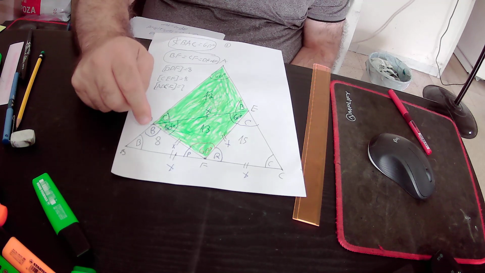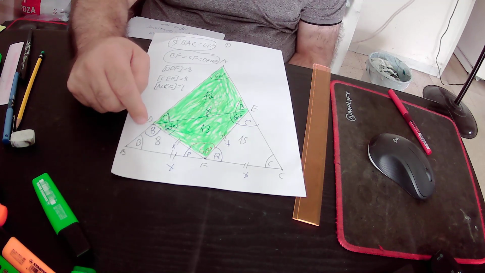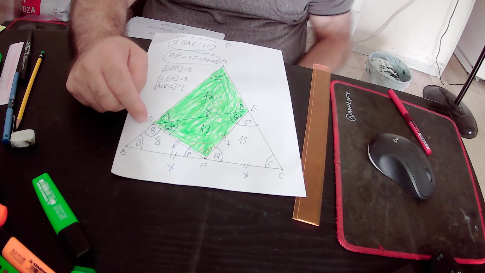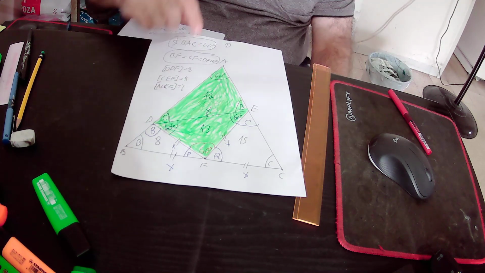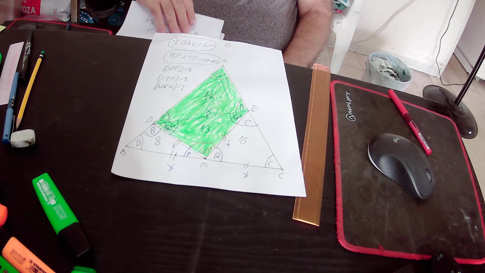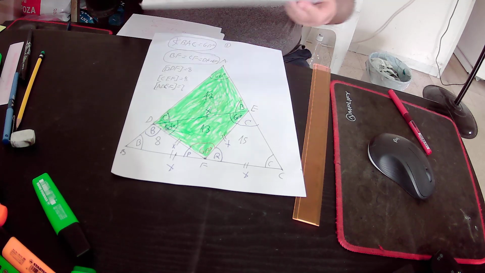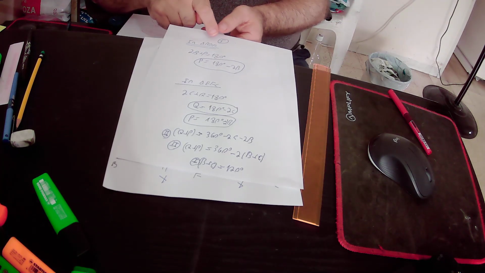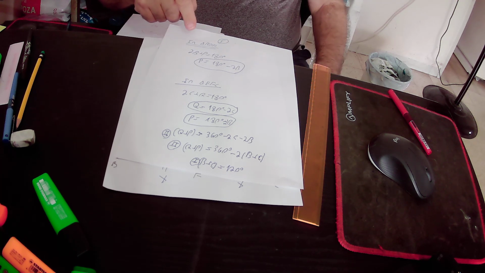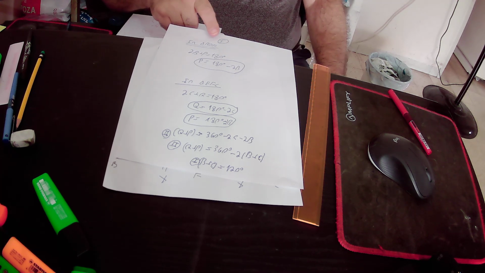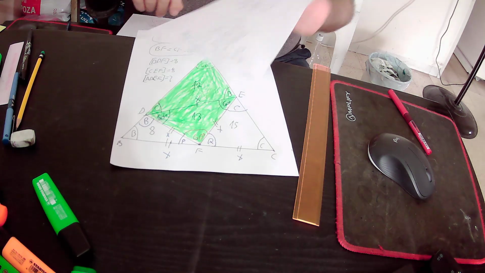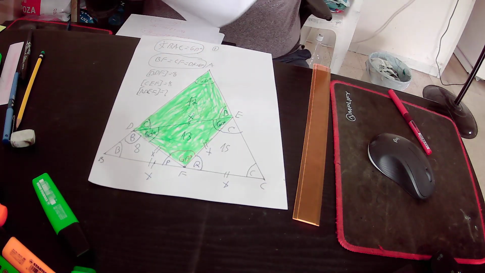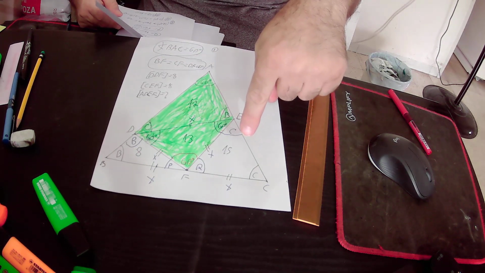Therefore, in triangle BDF, the sum of its angles is 180 degrees. Therefore, B plus B plus P equals 180 degrees, that is to say 2B plus P equals 180 degrees. We subtracted 2B from this equality and got that P equals 180 degrees minus 2B. Then the same thing is true in triangle EFC.